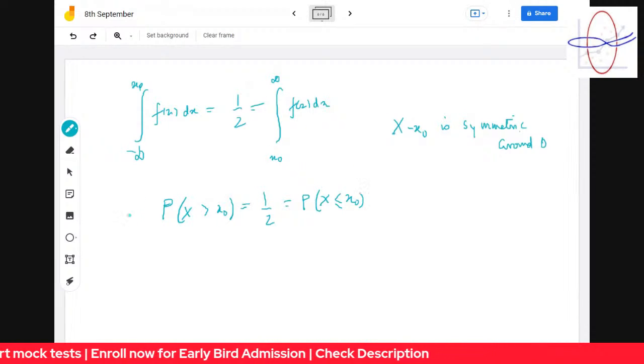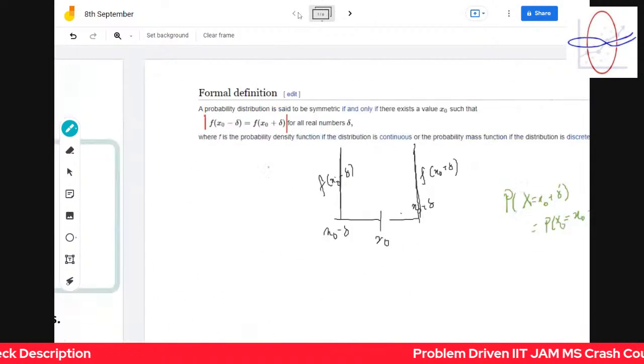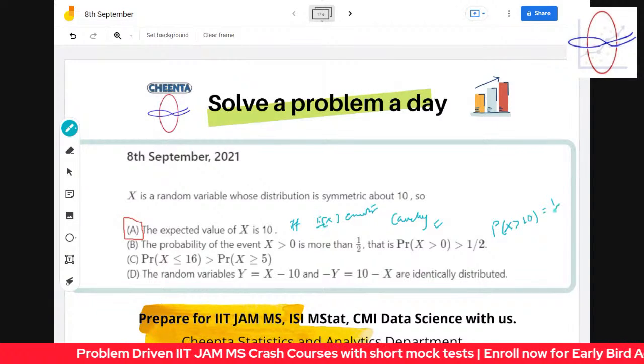Perfect. So this is the basic idea, and therefore let's see the conditions, let's see the options over here. Since it's symmetric around 10, the probability that x is greater than 10 must be equal to half.